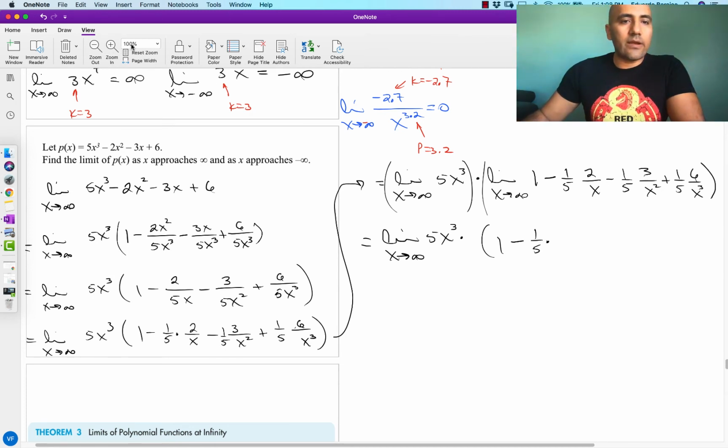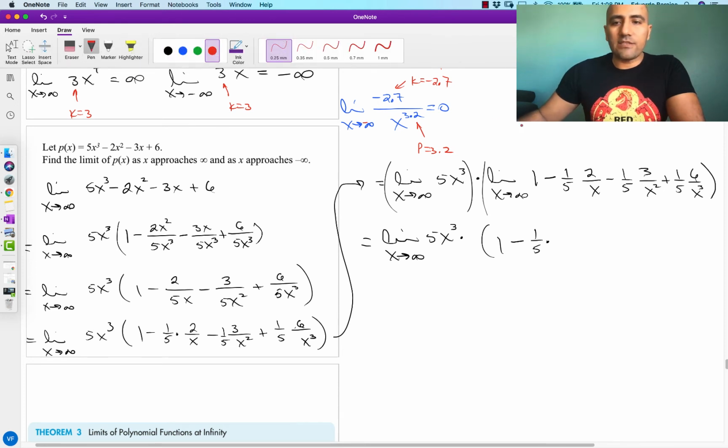That's the same as the case where we have k equal to 2 and there's this invisible 1 there. This is p equal to 1. And so we know that this is going to go toward 0. Good. Here we have a case where k equals 3 from our theorem, and p equals 2.